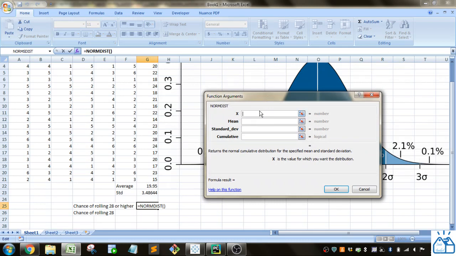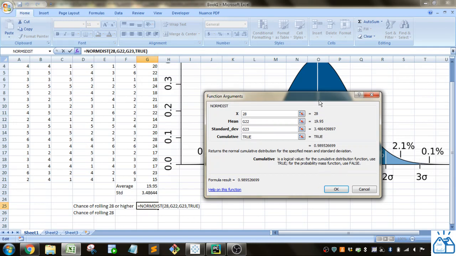We're putting in x, which is the value we want to look up, which is 28. The mean is this cell right here, G22, which I've calculated as the average. Standard deviation here is what we calculated for those values. And then for cumulative, we're going to say true, because we want the chance of rolling 28 or higher.